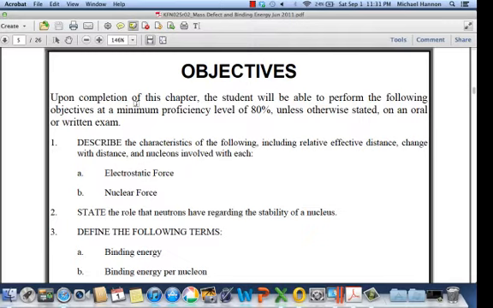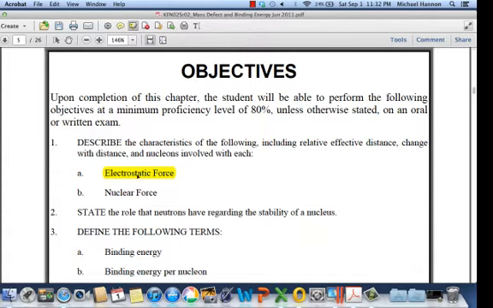Now, I don't know if you remember, but electrostatic forces are the forces that you had probably already studied in your chemistry class: positive and negative attract, negative and negative repel, positive and positive repel.